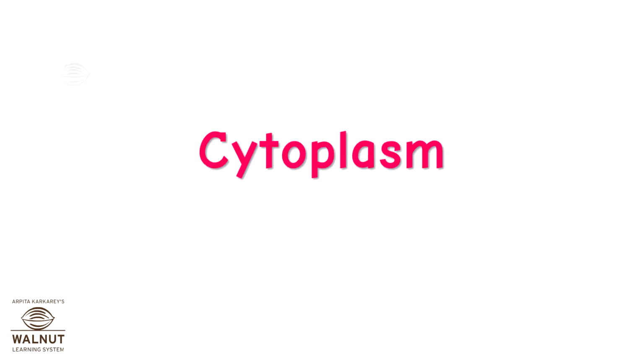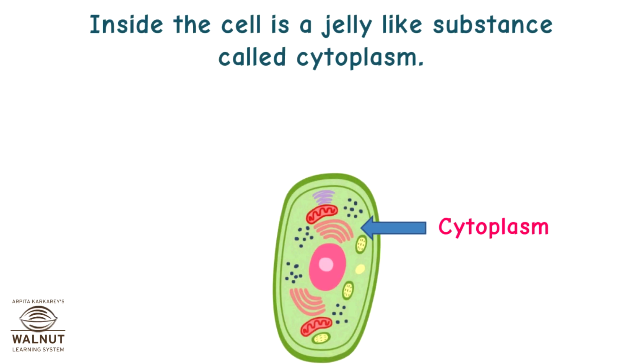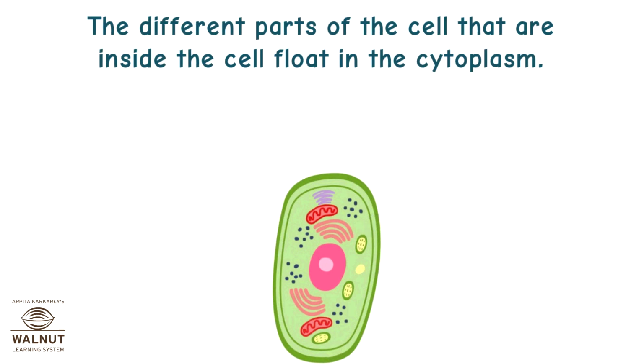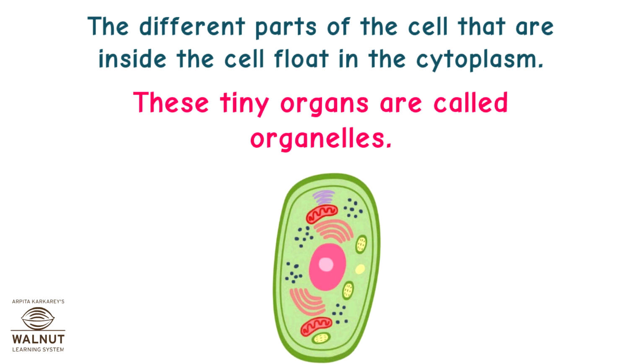Cytoplasm. Inside the cell is a jelly-like substance called cytoplasm. The different parts of the cell that are inside the cell float in the cytoplasm. These tiny organs are called organelles.